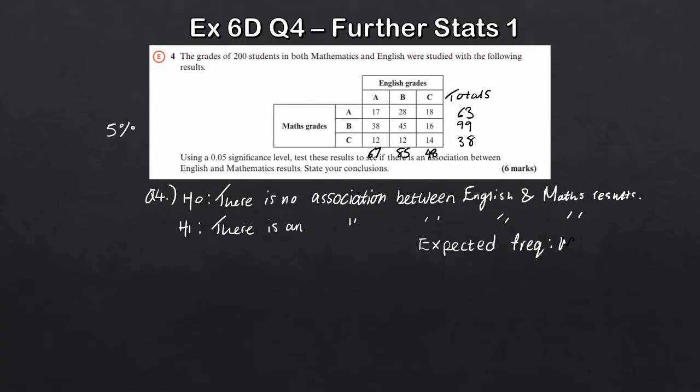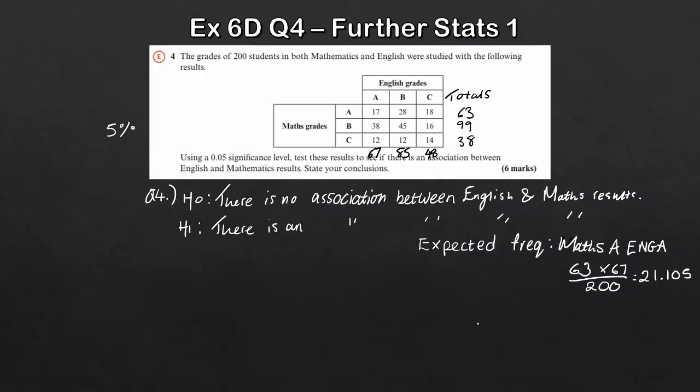So, Maths A, and then English A. Well, that's going to be 63, and then we're along this row here as well. So it's 63 times 67 divided by 200. Put that on your calculator, and what you should get is 21.105.